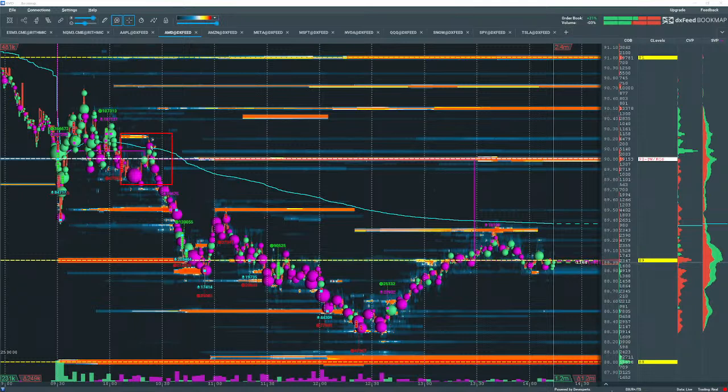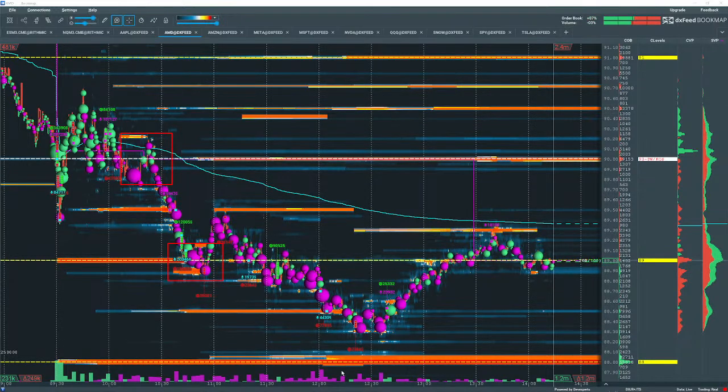At VWAP, note the shift in order flow, the shift in all the green dots to now pink dots coming in, market sell orders. Reversal at VWAP and the 90 put wall key gamma strike. Price targets at 89. And the price moves lower down at the 88 level. And those are high liquidity targets. Price is attracted to the liquidity.